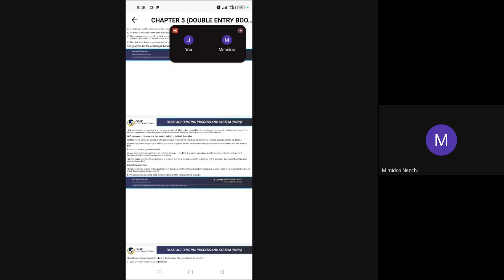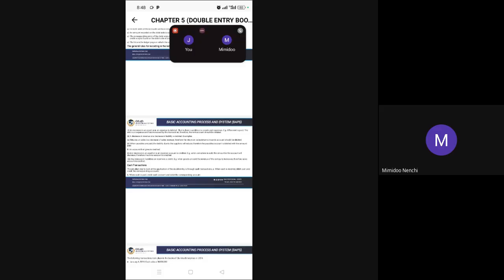You debit the cash account, then credit the corresponding account. Are we together? Yes. So that's when there is involvement of cash. When cash is received, you debit your cash and you credit the corresponding account.